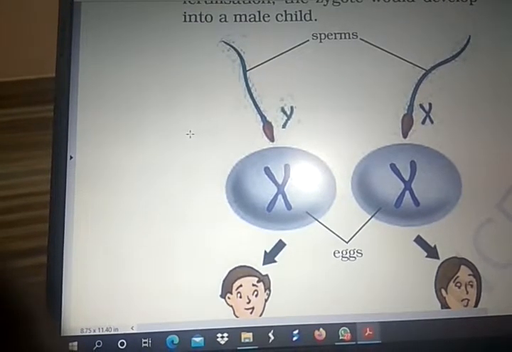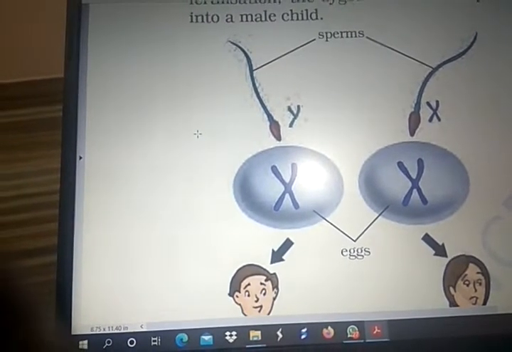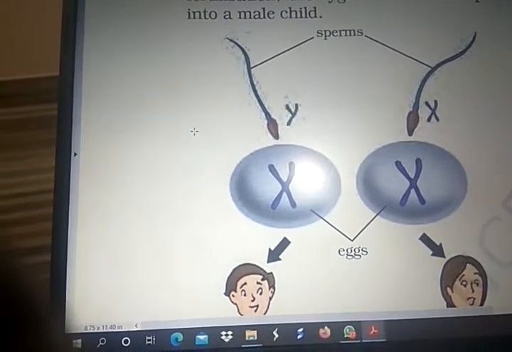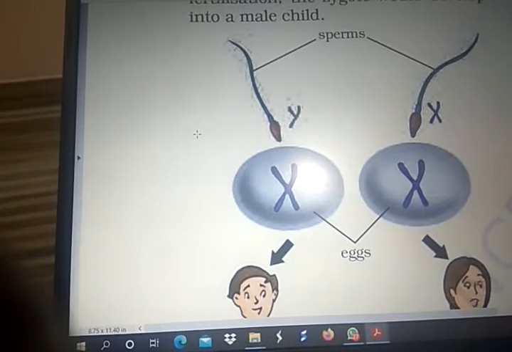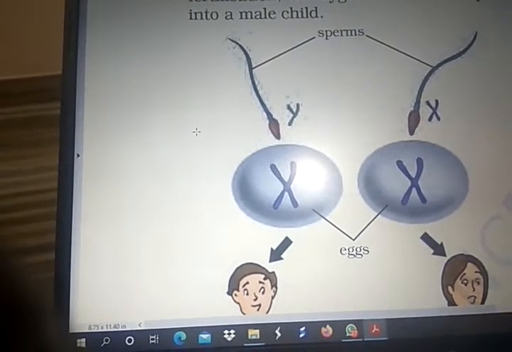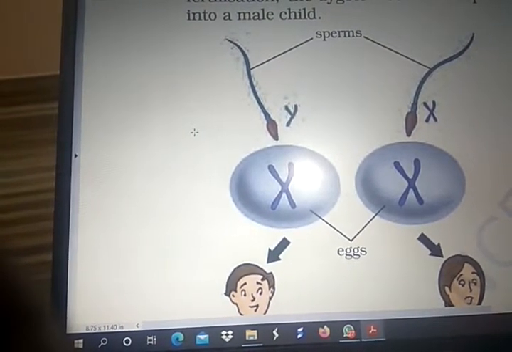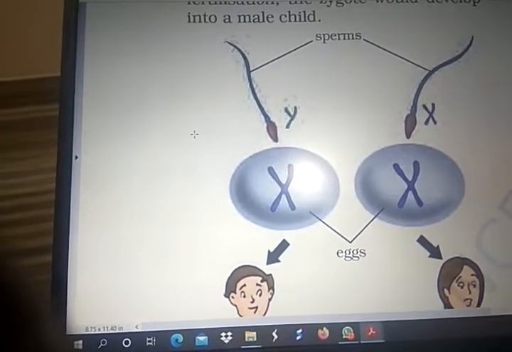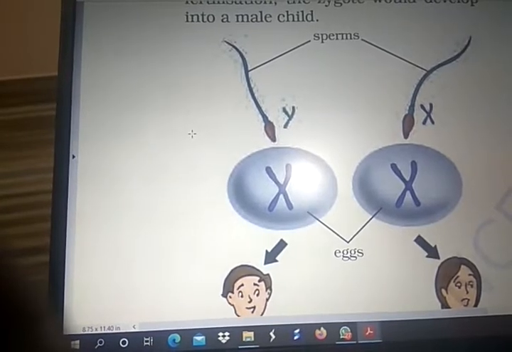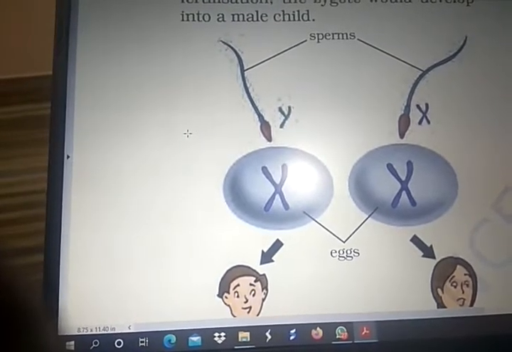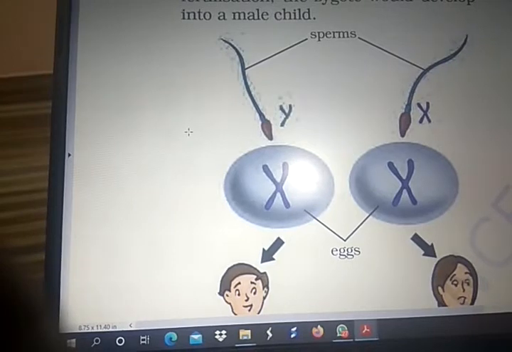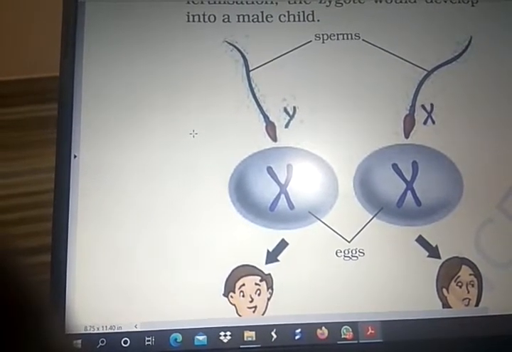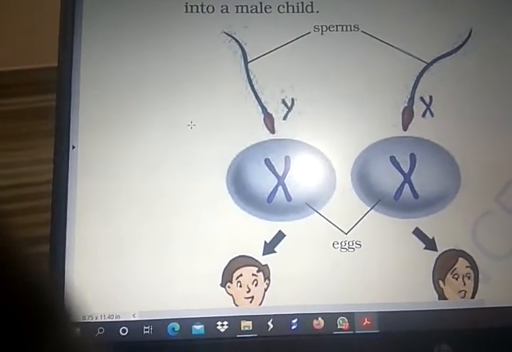You see, XX. And when sperm Y fertilizes the egg X, that is XY, then a boy child is there. Okay, so this way sex determination is done, to determine whether the child is a boy or girl.